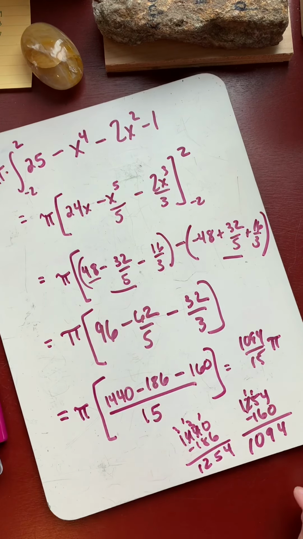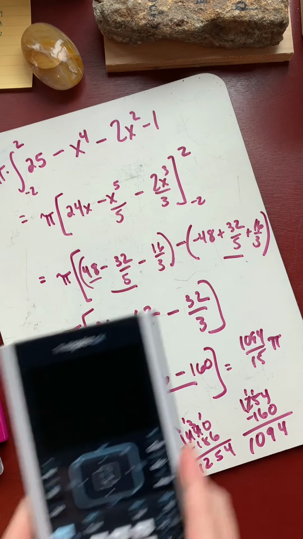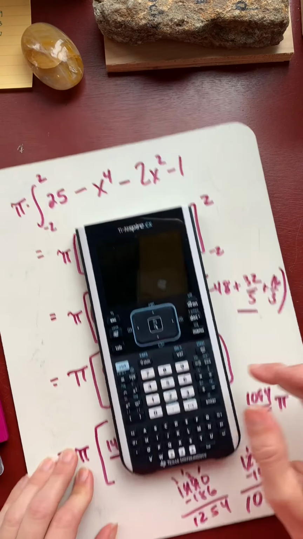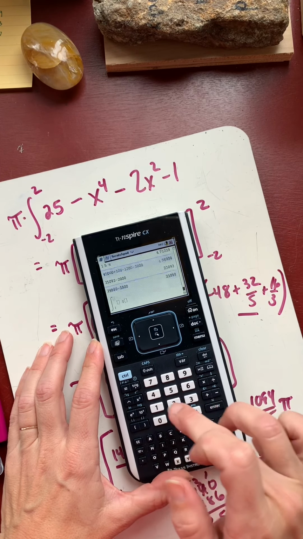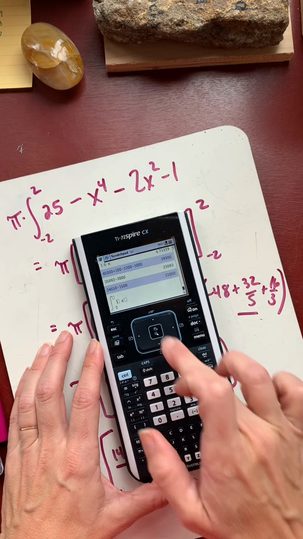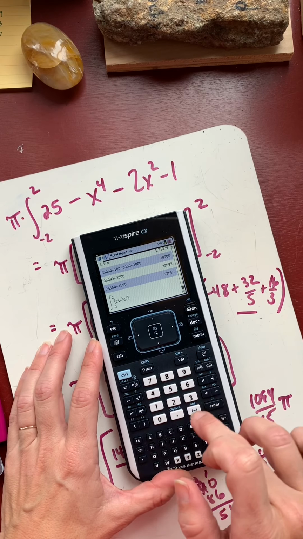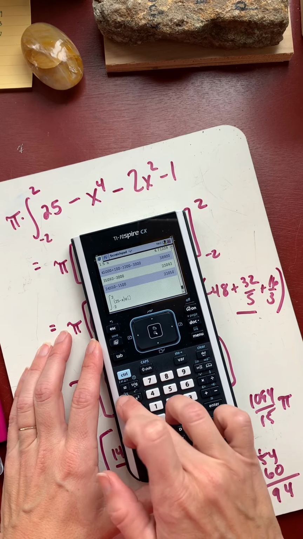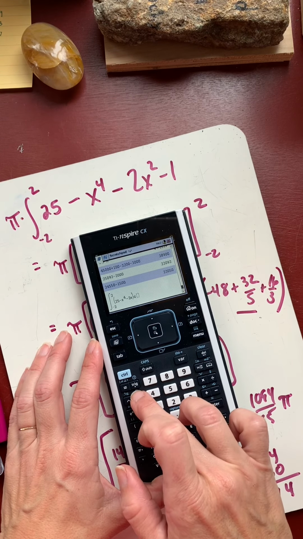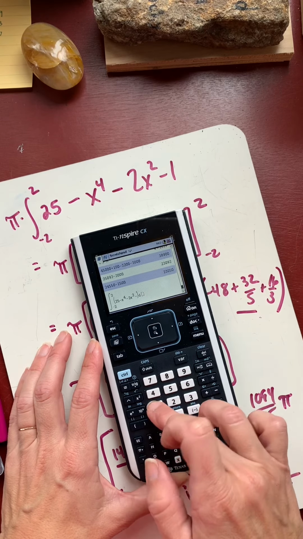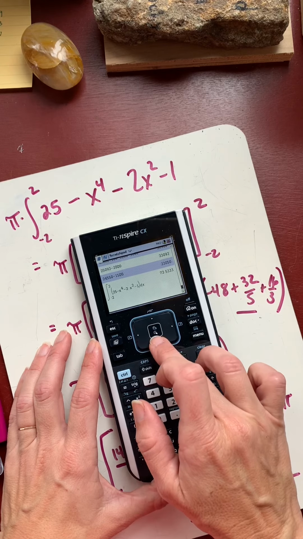Okay, this is awful. Screw it. Let's go up here and just put this in the calculator. Menu, calculus, integral, -2 to 2, 25 minus x to the 4th minus 2x squared minus 1 with respect to x.